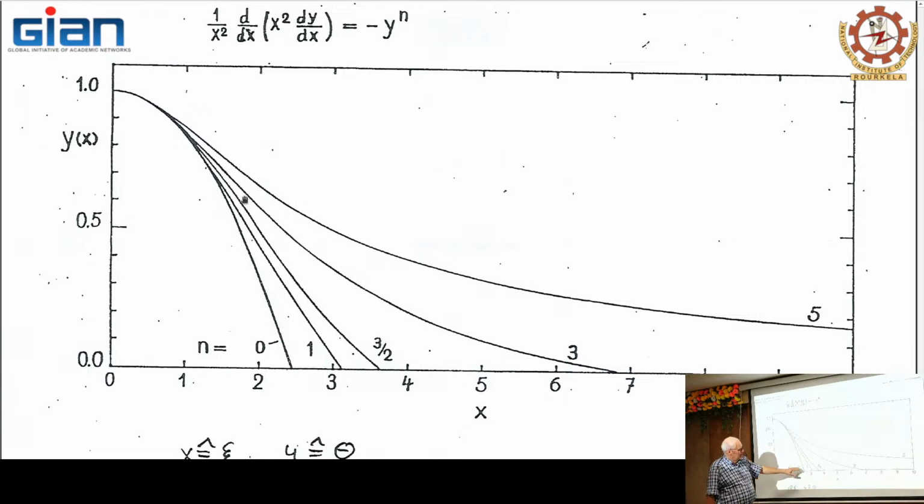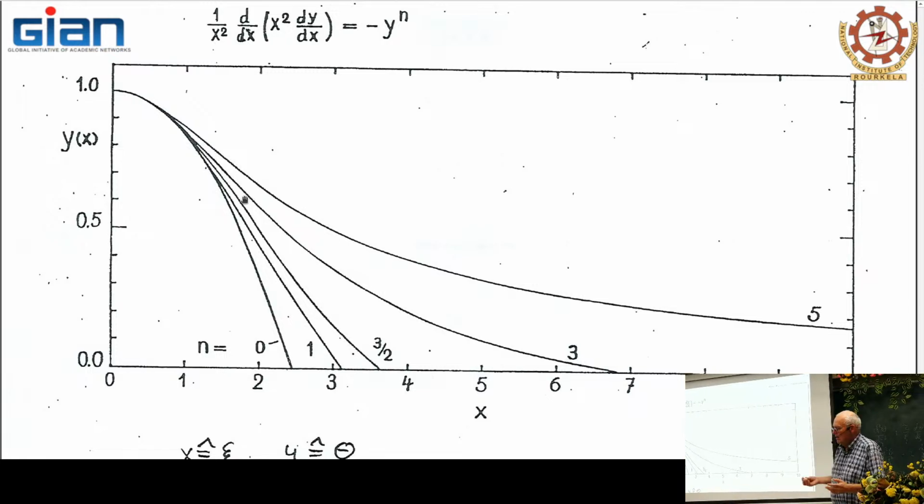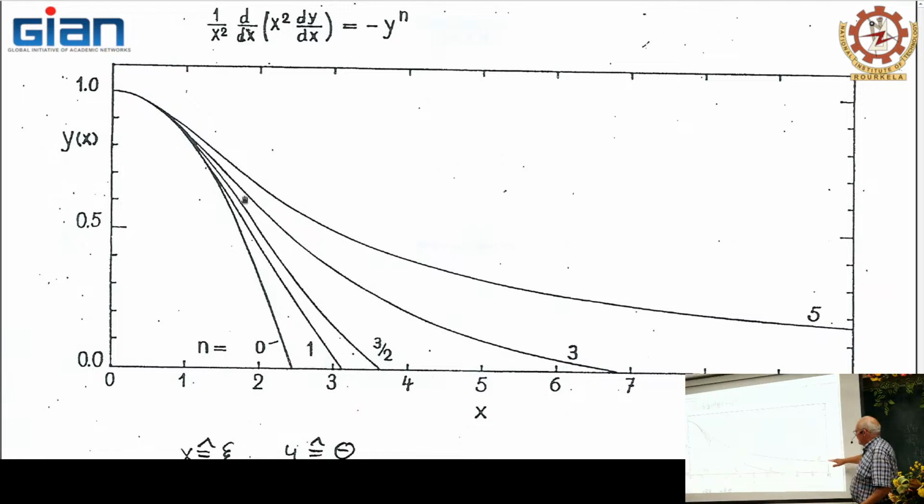The same is true for polytropic index 3/2 and 3, and it's also just marginally at a finite radius, or in other words, for polytropic indices smaller than 5, we have a finite zero of the function theta. So this is interpreted as the radius of the star, or the radius of the stellar model.